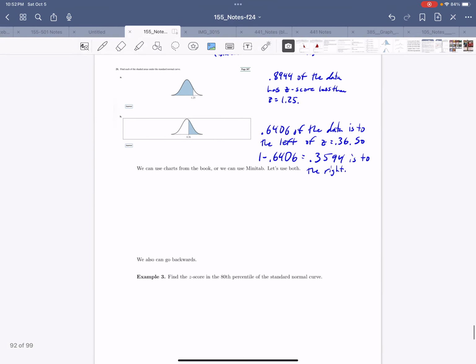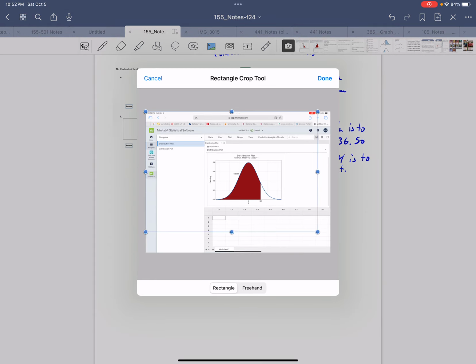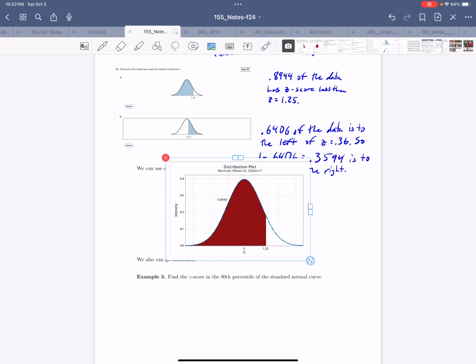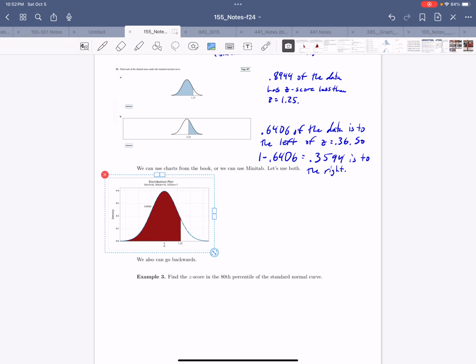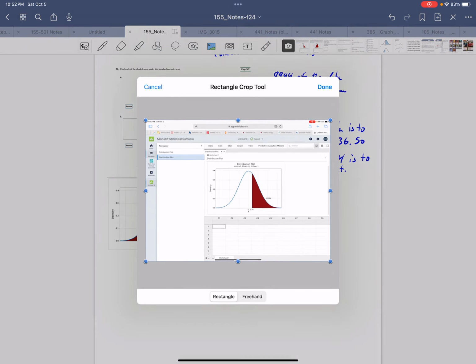So you see, you can use whichever way you want. Minitab is a bit easier, I think. Oh, oops, I did not want to copy that. I wanted to crop it. My bad. But it's totally up to you which one you want to use. Let's just take a sec to crop this, and then we're going to move on.